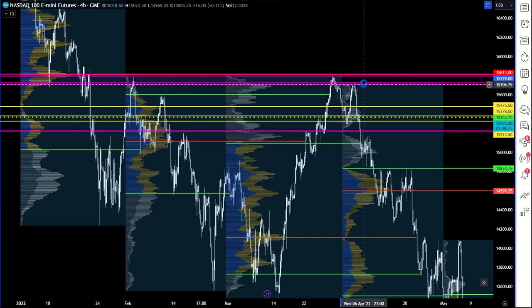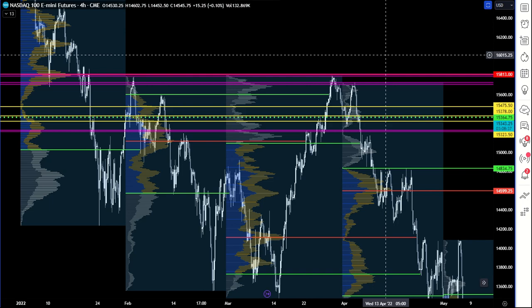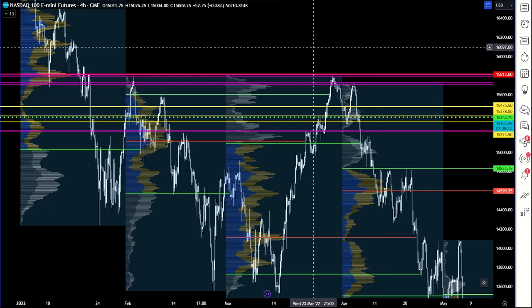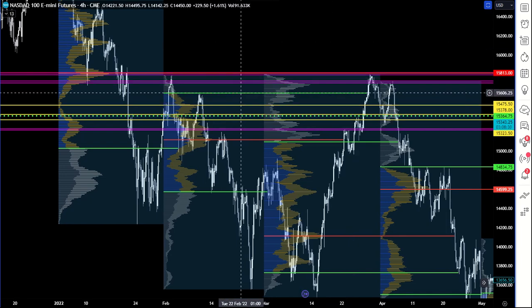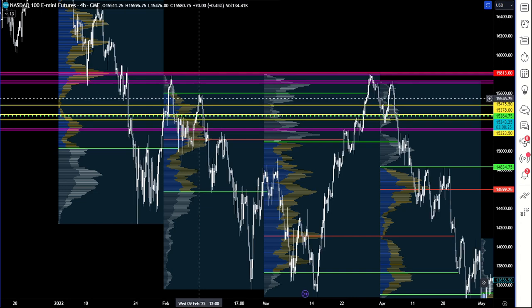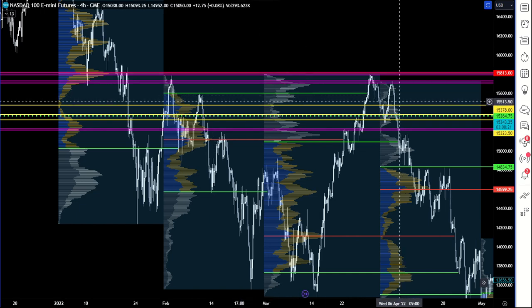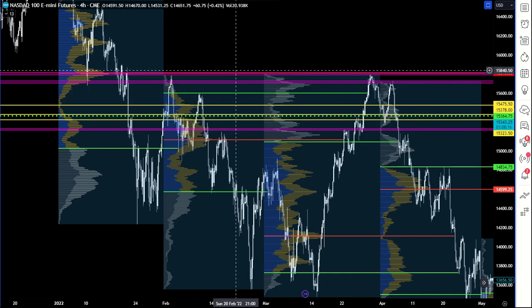That's going to be a zone, and I'm going to bring that right down to the shelf of this higher volume node right here. That's going to be a zone for me. Let's see what else we've got here. This obviously, which is also the value area high in February 2022, was a huge rejection spot. And we've got a rejection there, and we've got a bounce there. So this is obviously a key zone for me.